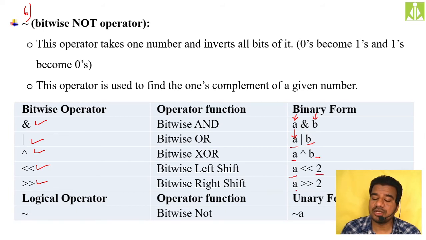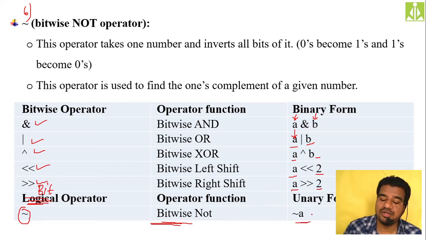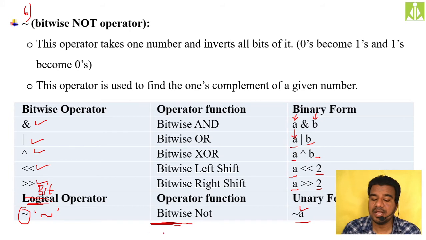But when we are talking about the bitwise NOT operator, this is not logical, this is bitwise. It takes the unary form. It takes only one operand to perform its operation. It is a unary operator, and we use the tilde symbol to perform the bitwise NOT operation.